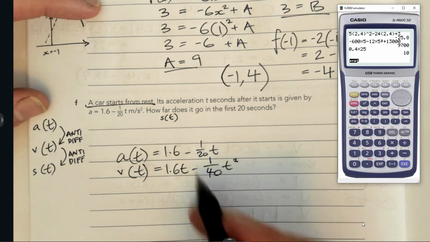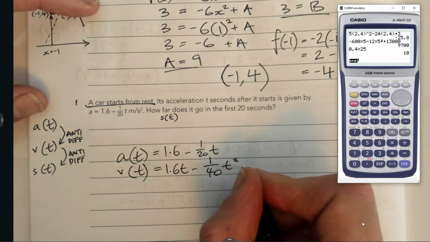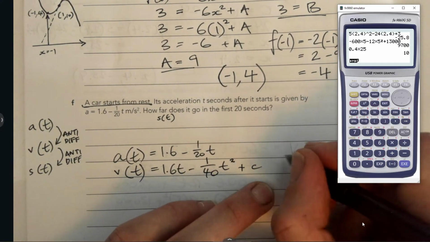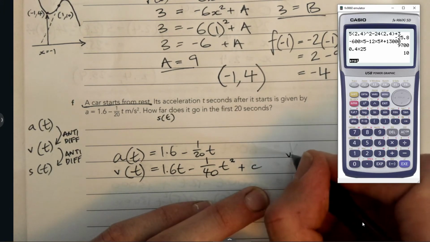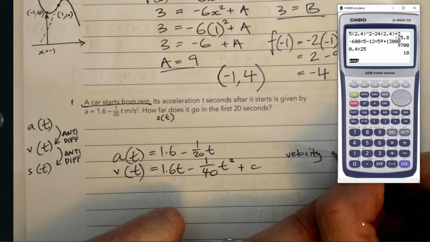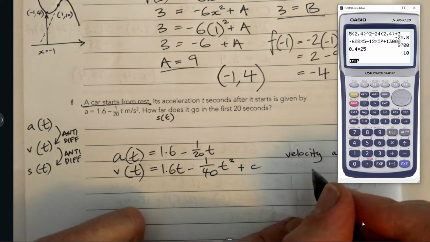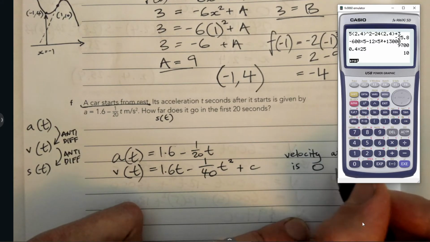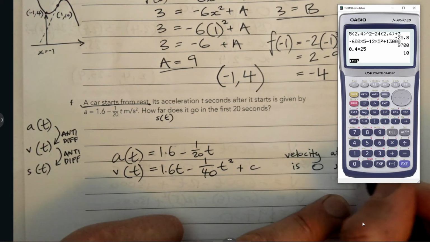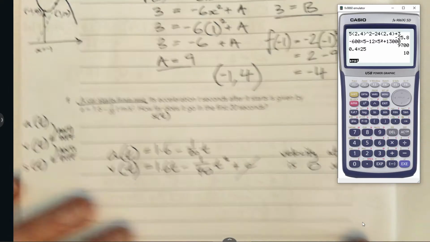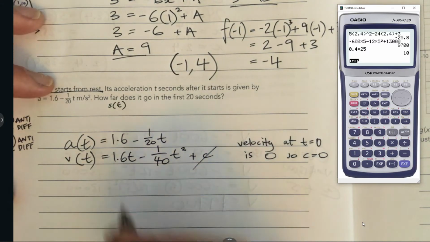I added 1 to the power and then divided by the new power, and then plus c, but we know velocity at t equals 0 is 0, so c equals 0. Boom. So we can get rid of that. I just sort of gave you guys some reasoning.